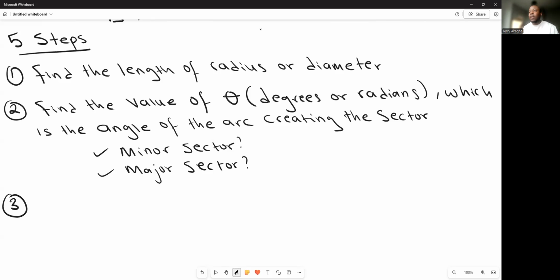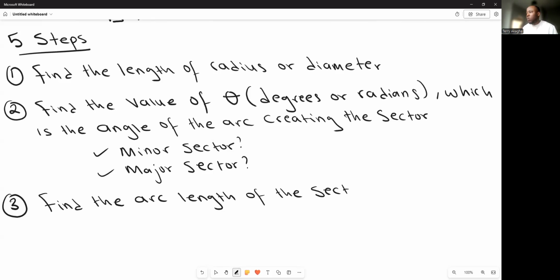So number 3, you now find the arc length of the sector, okay? The next thing you have to do is to find the arc length using the formula.